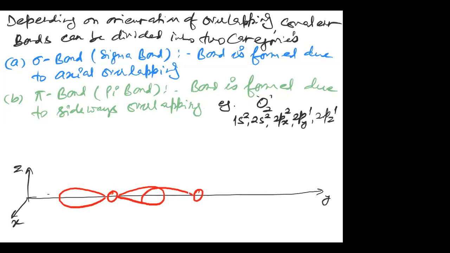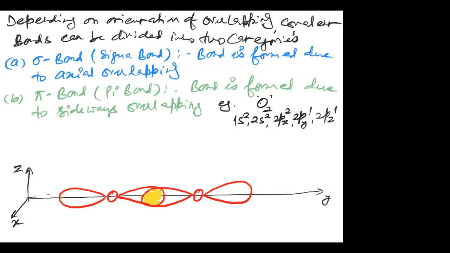This may be another 2p orbital of another oxygen atom, 2py basically. So obviously it is 2py. We have overlapping of 2py and 2py, and it is clearly seen from this diagram also.